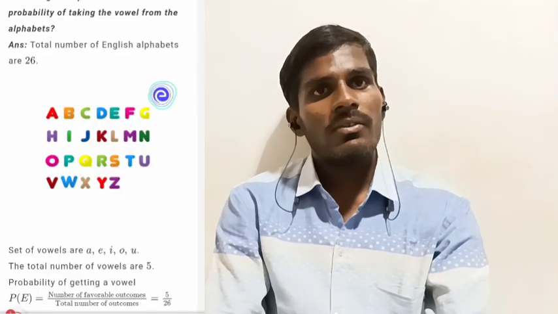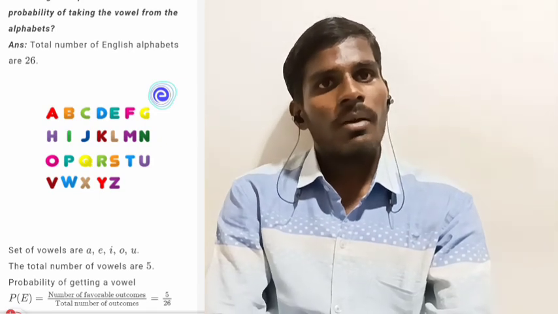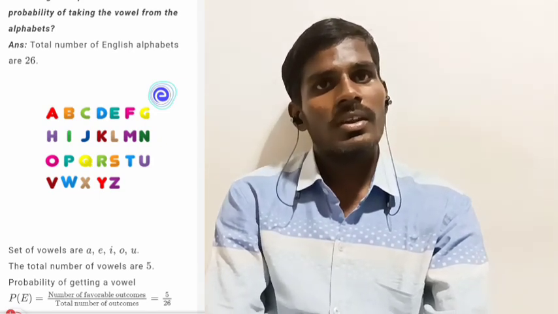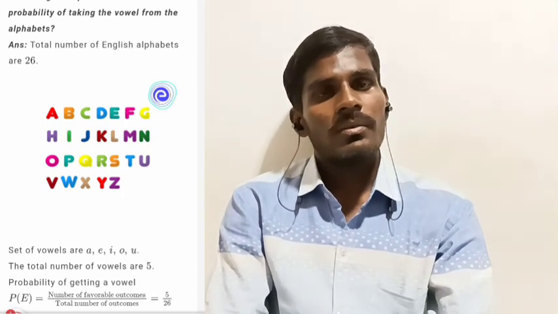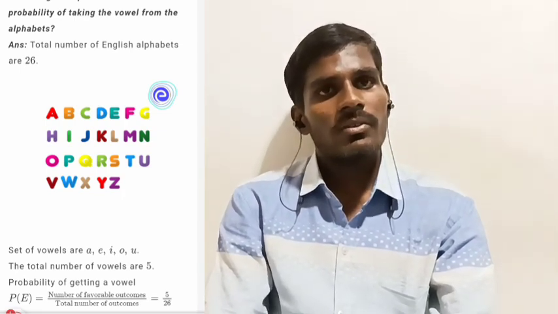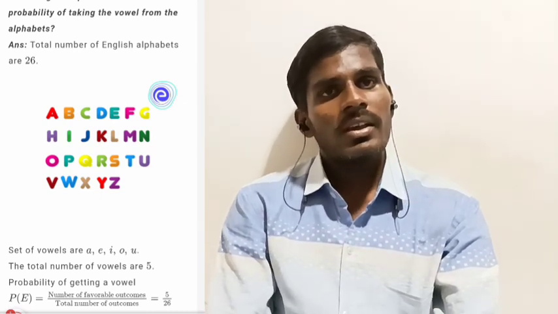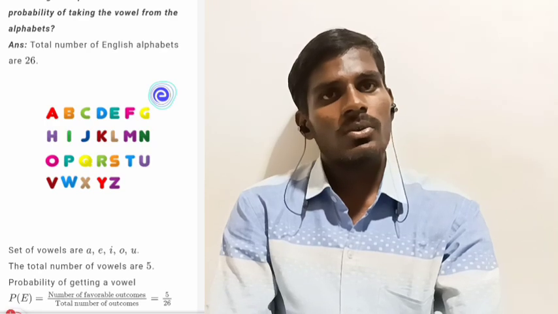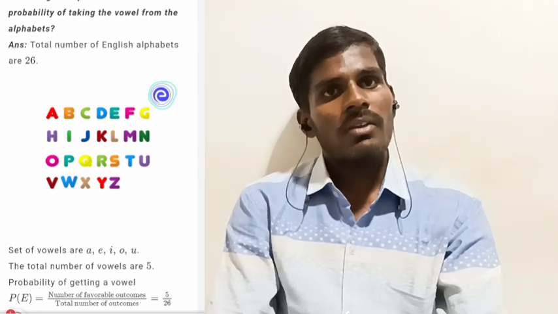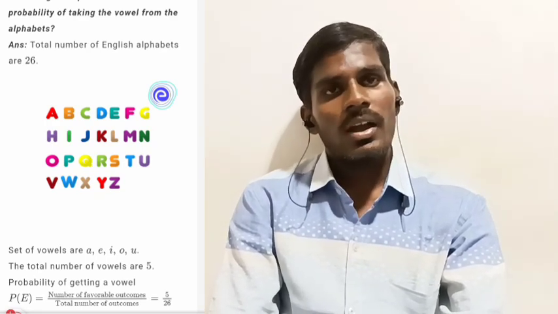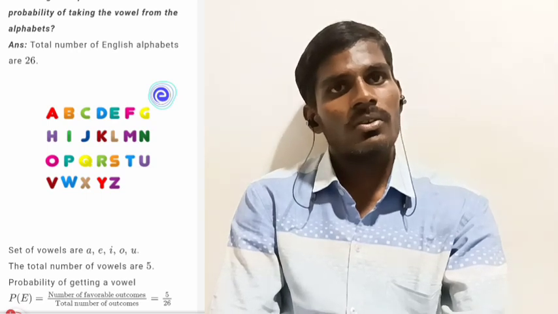Next we can see a small example of probability using alphabets. We want to identify the probability of getting a vowel in the alphabet list. The total number of alphabet letters is 26 and the total number of vowels is 5.